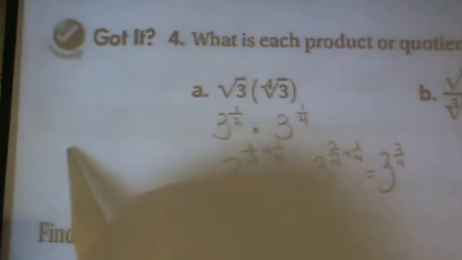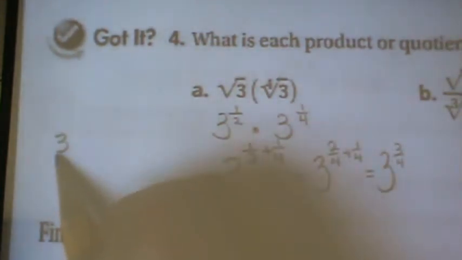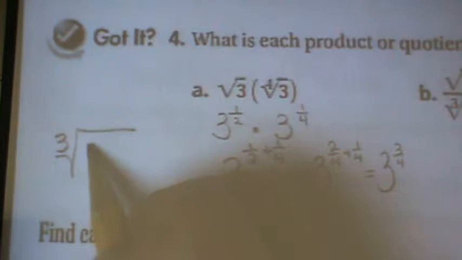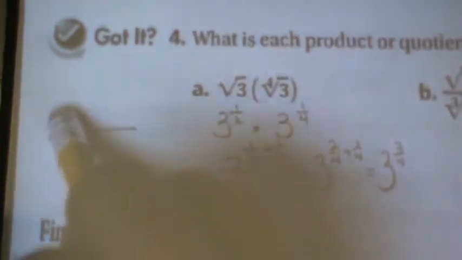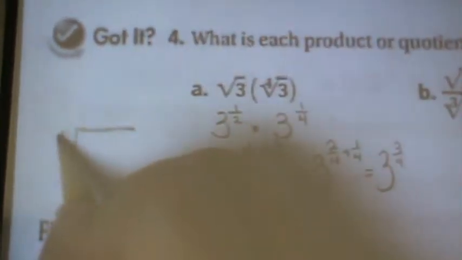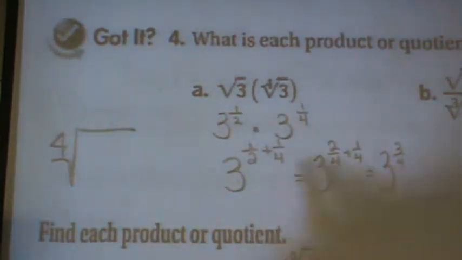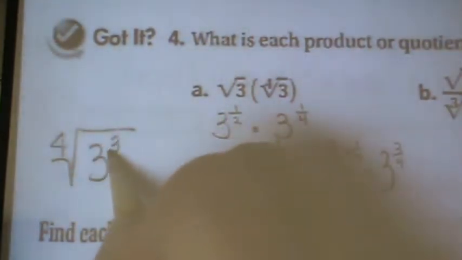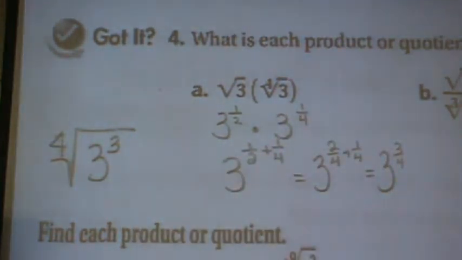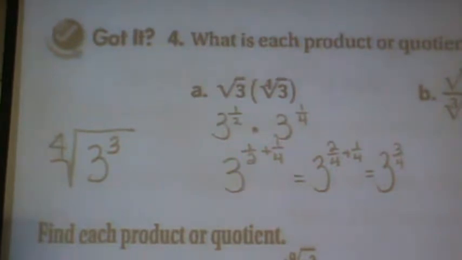It'd be 3 to the 3rd power with an index of 4. You said it right, and I'm writing it wrong. So it's the 4th root of 3 cubed. Sounds like Spanish.